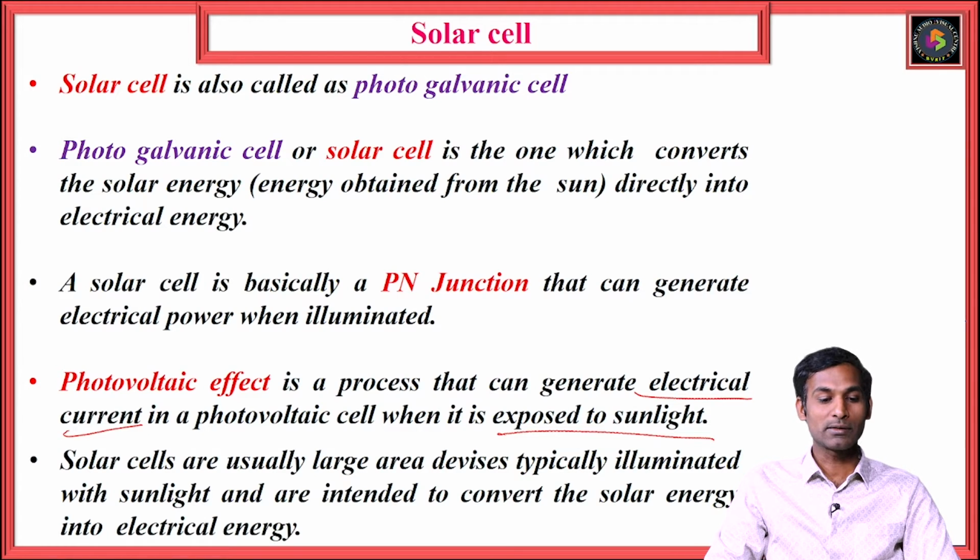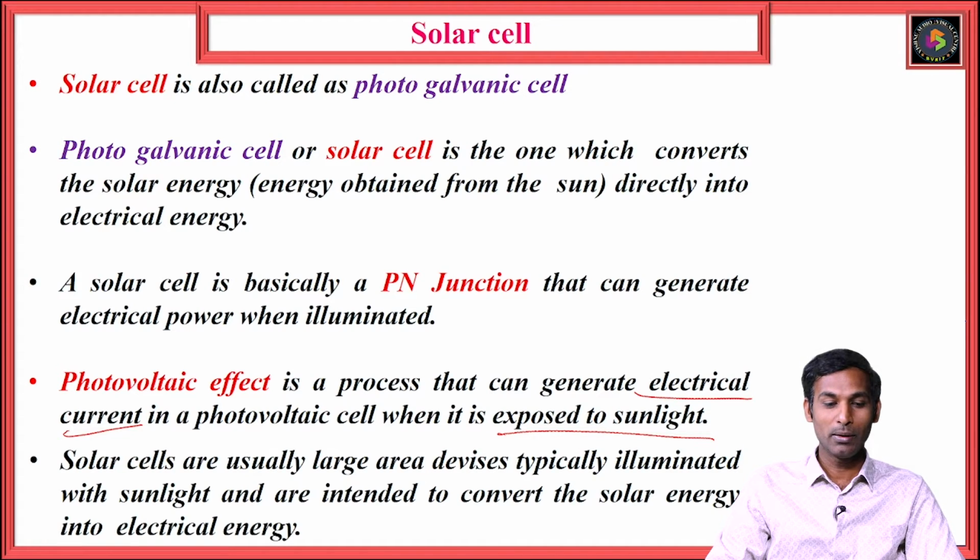That's why solar cells are usually large area devices. Basically, a solar cell has many panels, like arrays, panels, devices and grid arrays. So solar cells are large area devices typically illuminated with sunlight and intended to convert solar energy into electrical energy.